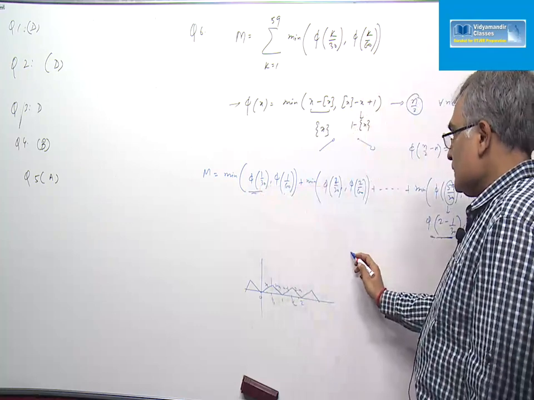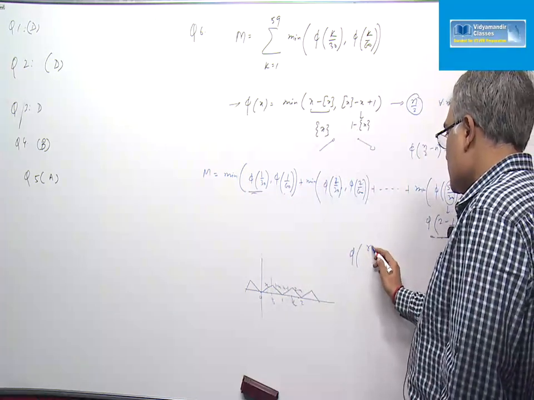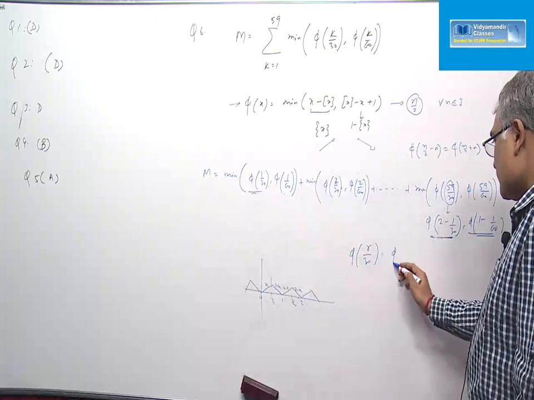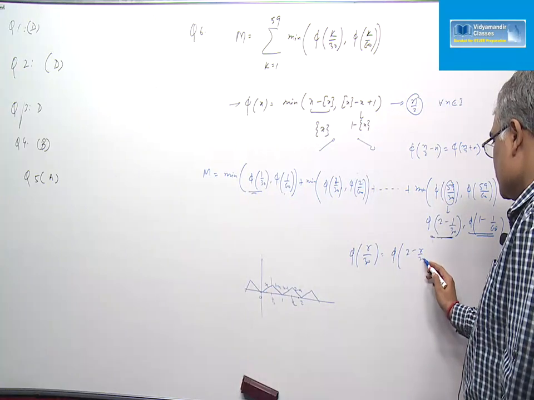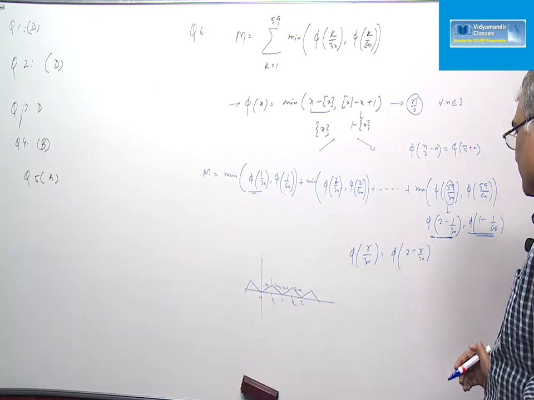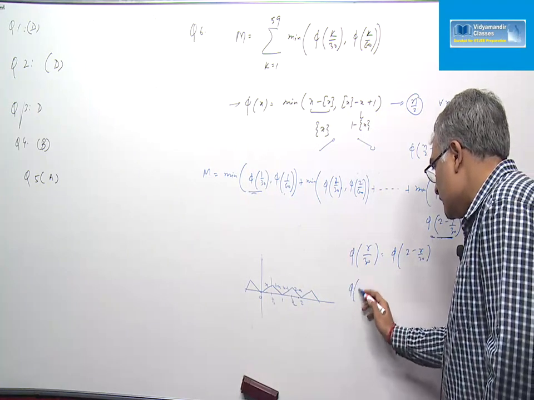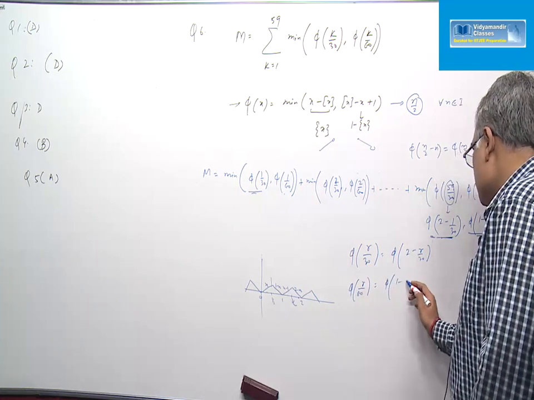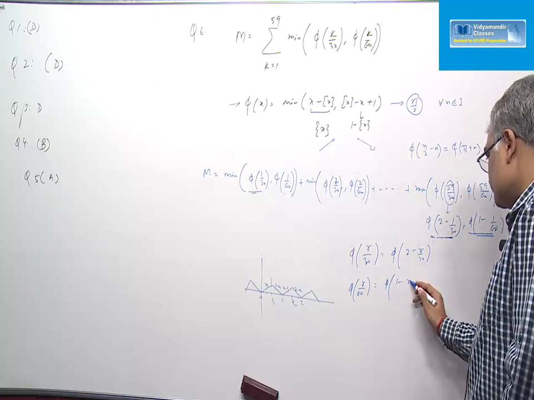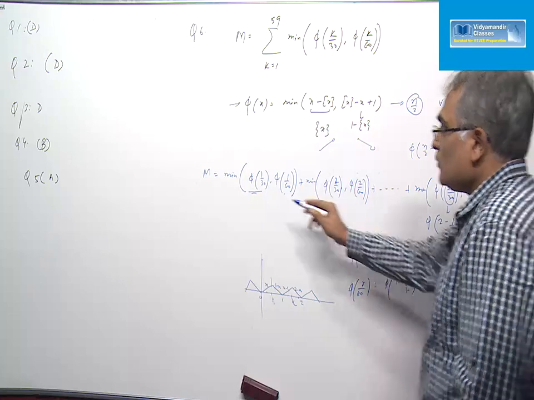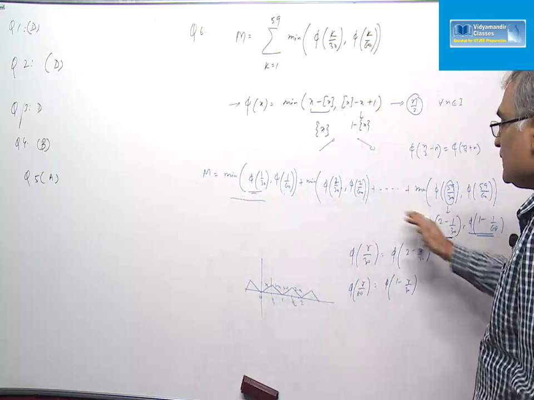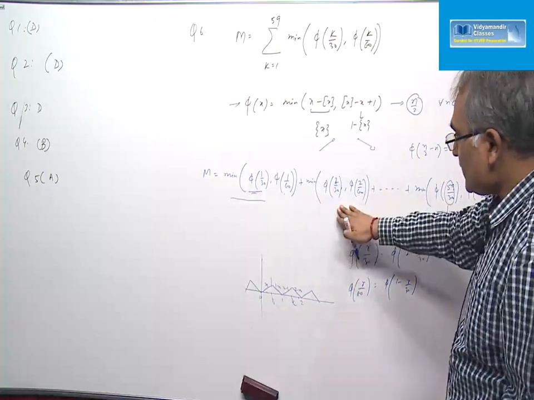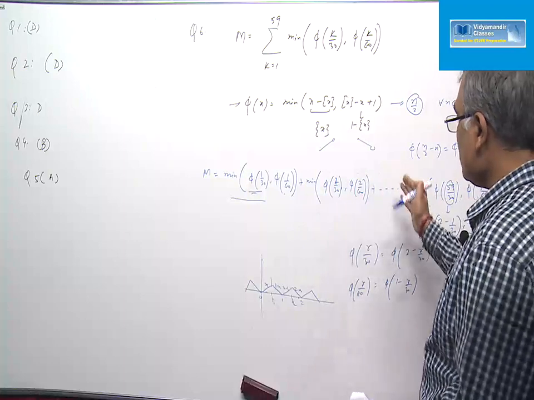That is, phi of r by 30 is the same as phi of 2 minus r by 30, that is 60 minus r by 30. And similarly, phi of r by 60 will be the same as phi of 1 minus r by 60. Hence, the first term is the same as the last term, the second term is the same as the second last, and so on and so forth.